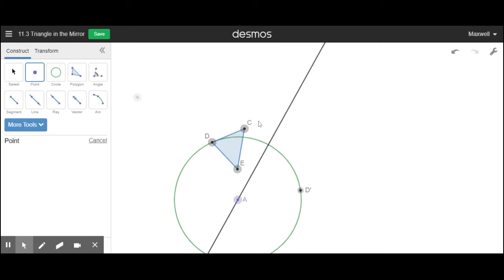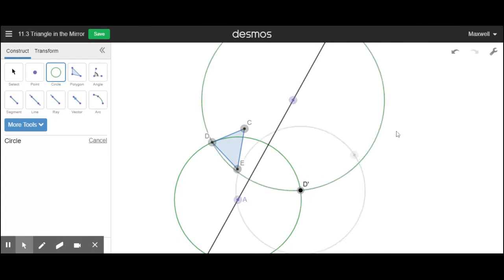So we know the radius of this circle at point A is going to be AD, just connecting these two. So we're going to pick another point on our line up here, and we can draw another circle centered at that point, and we're going to have its radius be D prime.